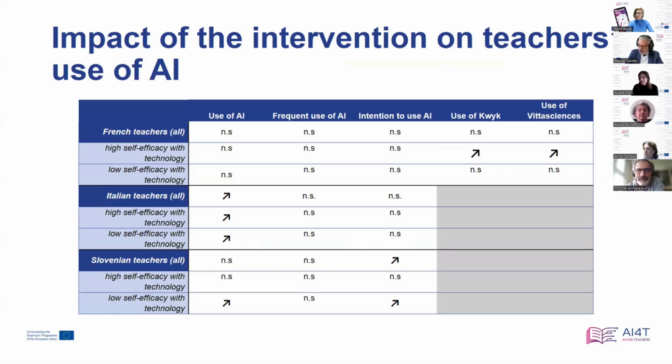We saw in France that on the tools Quick and VitaScience, which were two tools proposed during the professional learning pathway in France, their use had increased only for teachers with a high level of self-efficacy for integrating technology in the classroom. In Slovenia, it's teachers with a low level of self-efficacy for integrating technology in the classroom who saw that their use of AI increased, and also their intention to use AI.